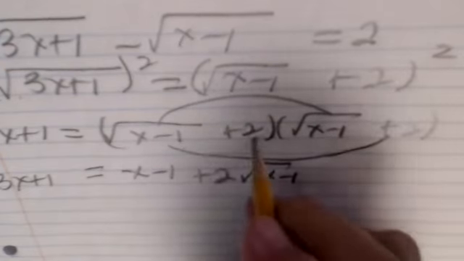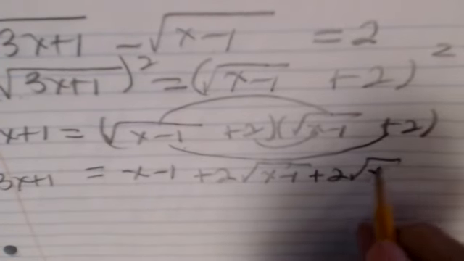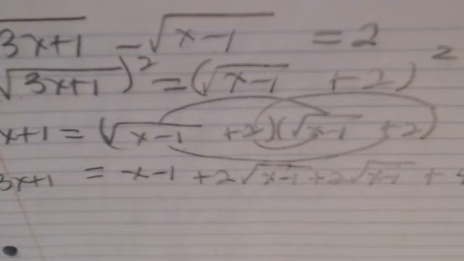Now, the outside product is going to be 2 times the square root of x minus 1. The inside product is also 2 times the square root of x minus 1. And then the last product is going to be 4. So what we did is FOIL this mess, just keeping that square root like it was a single term.